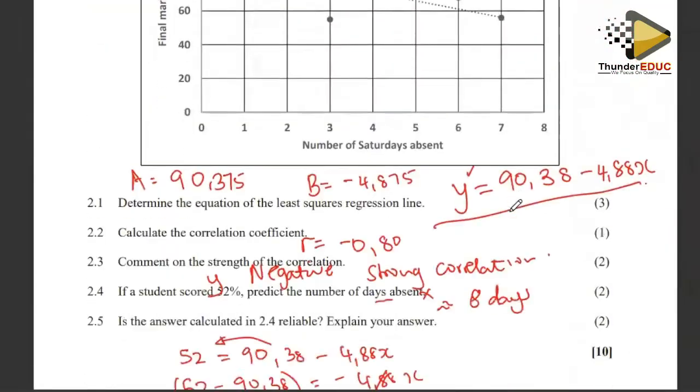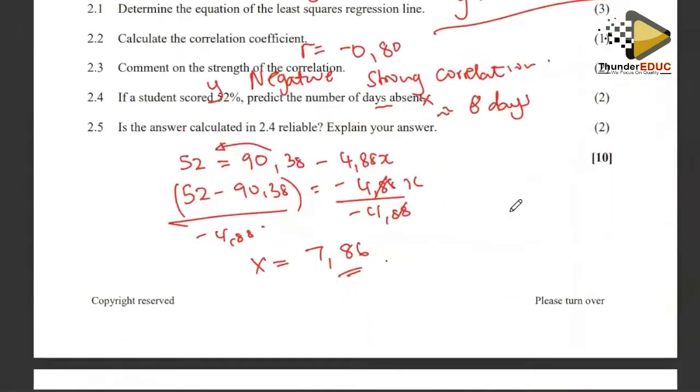But then, is the answer calculated in 2.4 reliable? What would be our response in this case? The response would be that it's a yes. Why is it a yes?